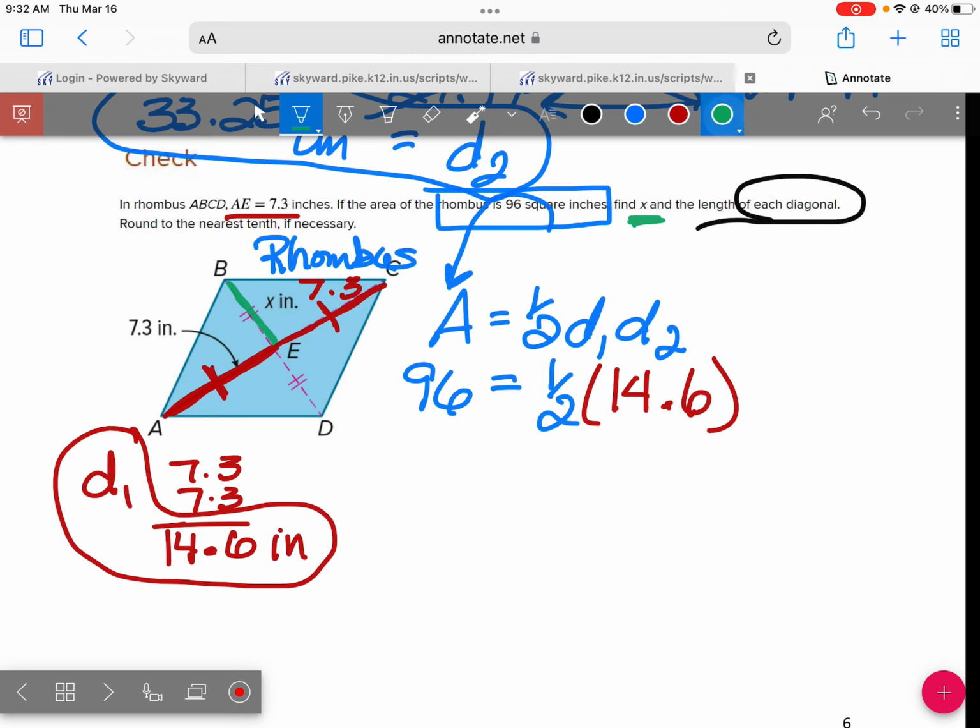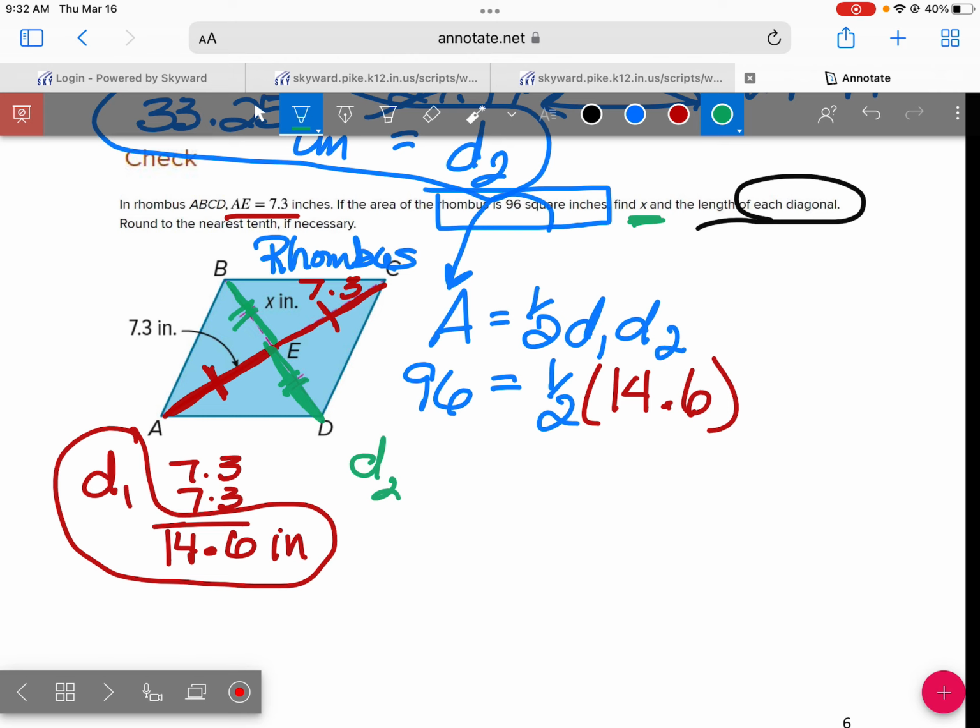Now, it says I need to find x. Well, x is part of my second diagonal. If this much is x, and from length B to E is congruent from E to D, what is the length from E to D? If BE has a length of x, what is the length of ED? The same.